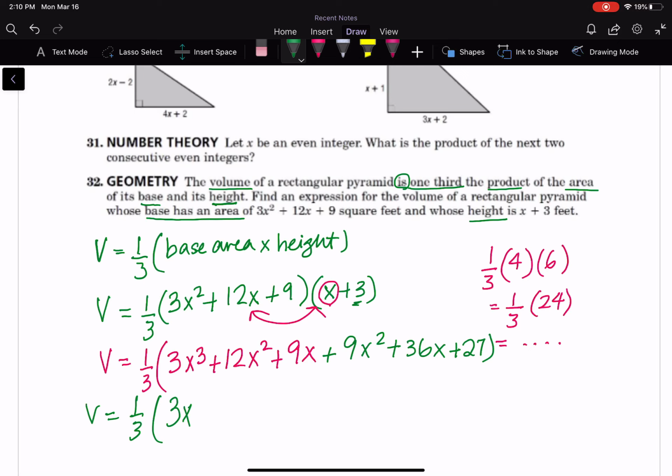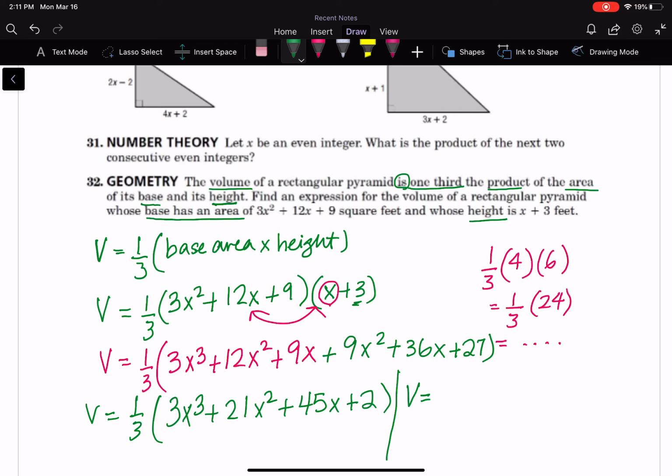3x cubed plus 21x squared plus 45x plus 27. And it's now easy to divide everything by 3.